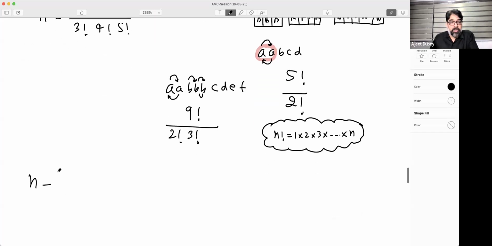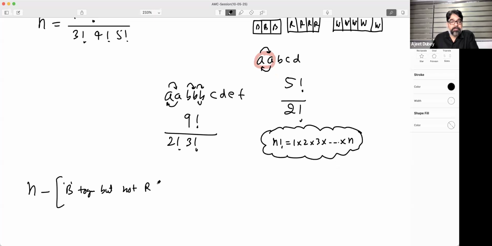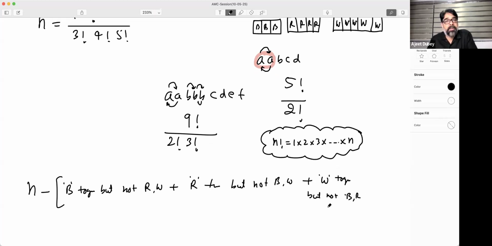N minus those cases when B together but not R and W, plus R together but not B and W, plus W together but not what is left, B and R together, plus the same, including and excluding, you have to do.